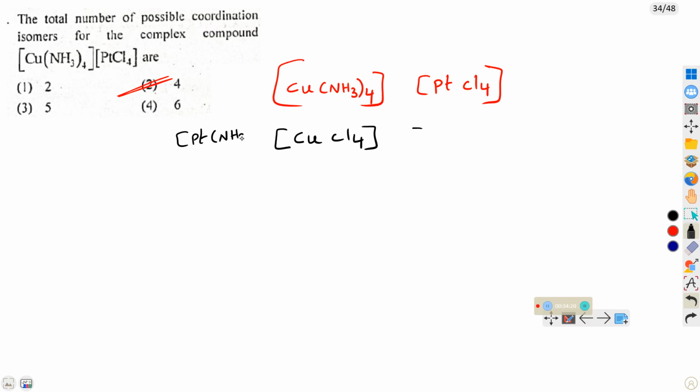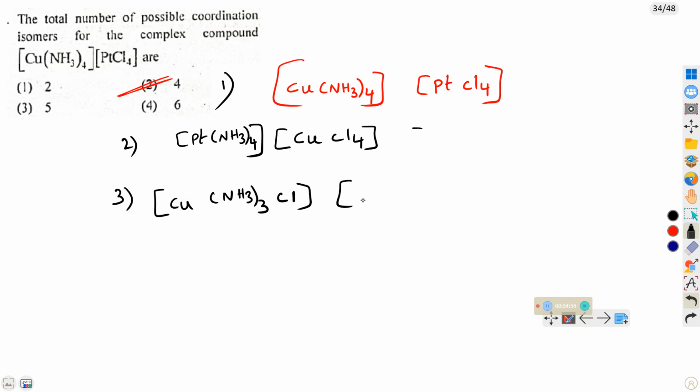[Pt(NH3)4][CuCl4]. This is the first compound, this is the second compound. Third compound [Cu(NH3)3Cl][PtCl3NH3].